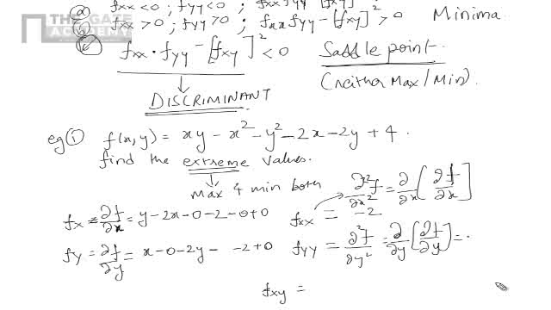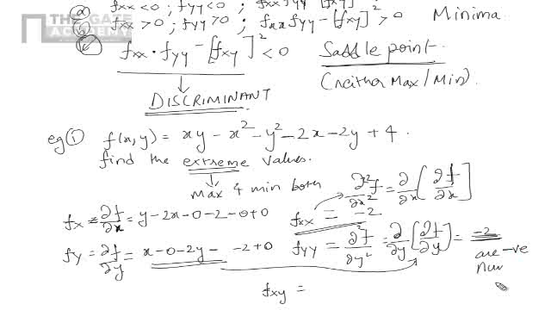I have to differentiate this partially with respect to y to get this, correct? So now I will get minus 2 here again. Observe that fxx and fyy are negative, not negative functions, they are negative numbers.